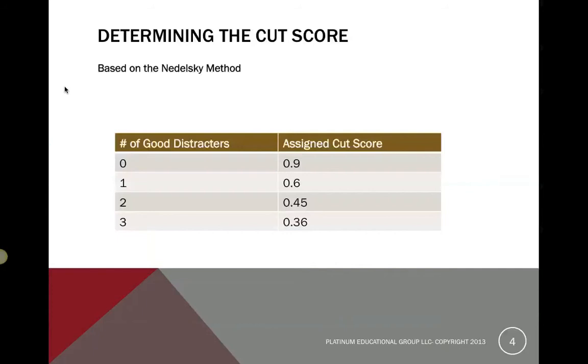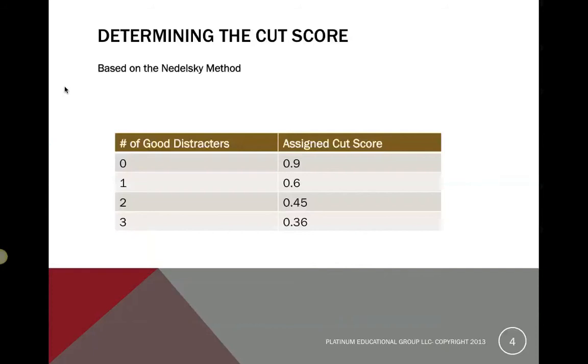Or 1, 2, or 3. If there are no good wrong answers, no good distractors, so there's the right answer and the other 3 are plausible but not good, it gets assigned a cut score of 0.9. If there's 1 good distractor, so there's the right answer but this other really good one and I can't decide between the 2, then the assigned cut score of that item would be 0.6.